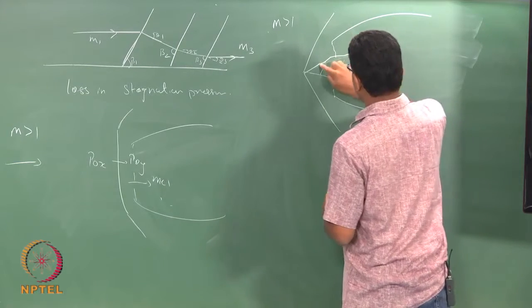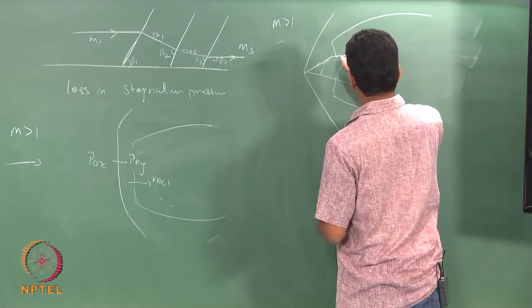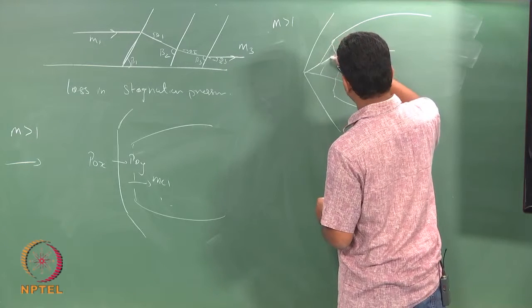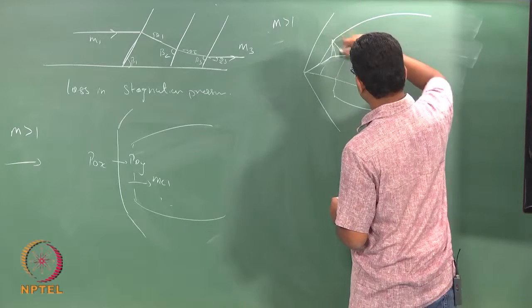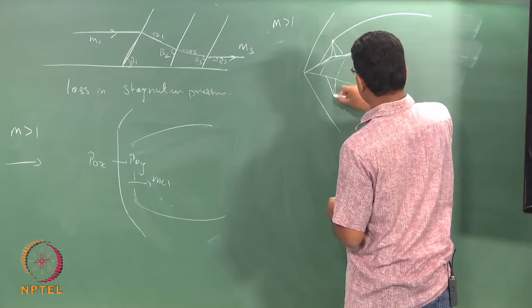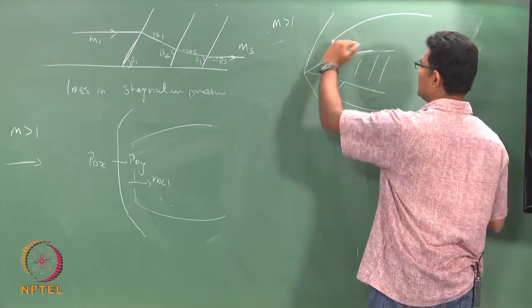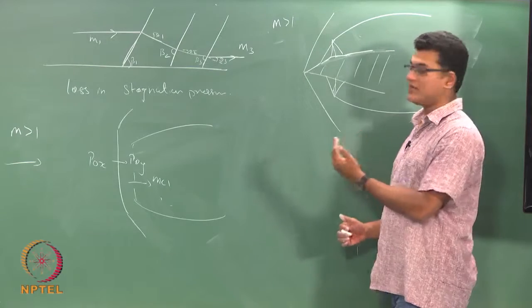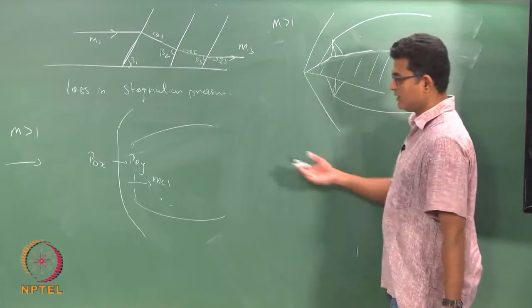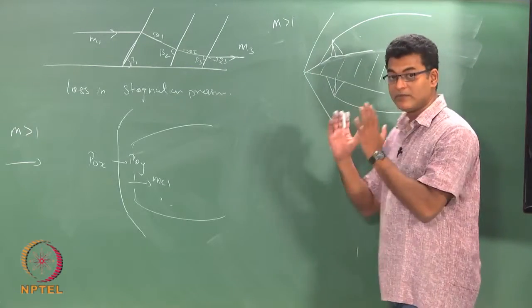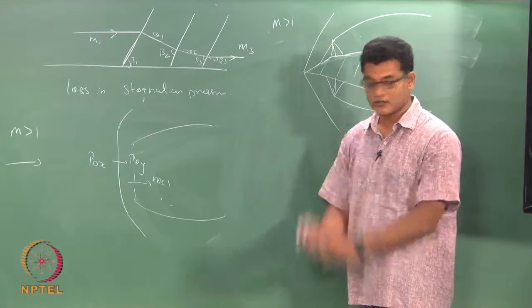Okay. So I have a series of oblique shocks here. There will be one shock here, another shock here, another shock here. So with this series of shocks, I can reduce my Mach number to a subsonic Mach number even when keeping P0 the same value.